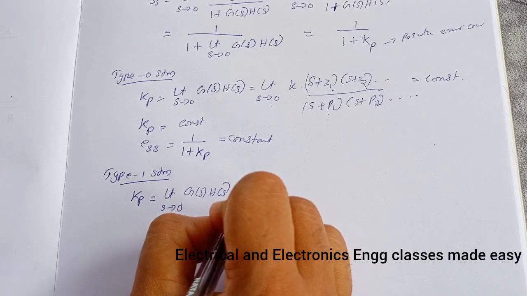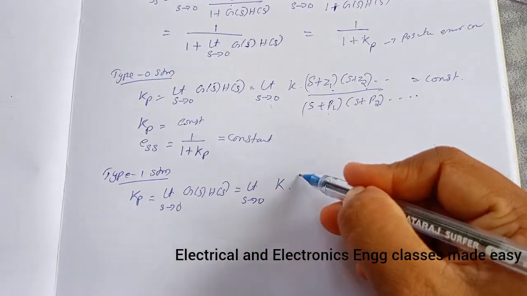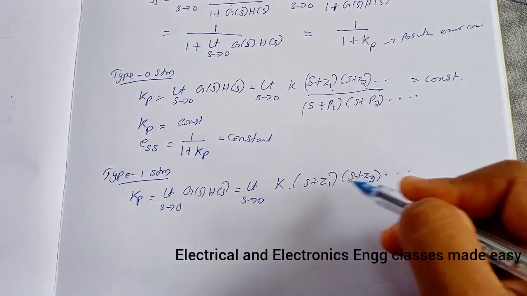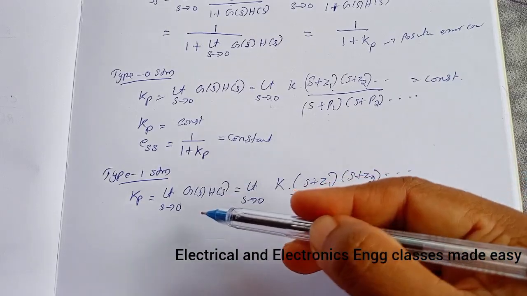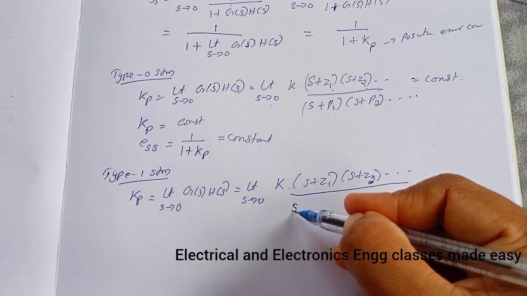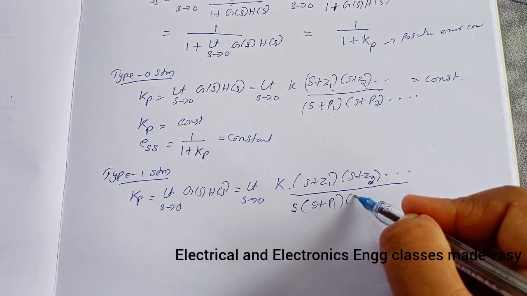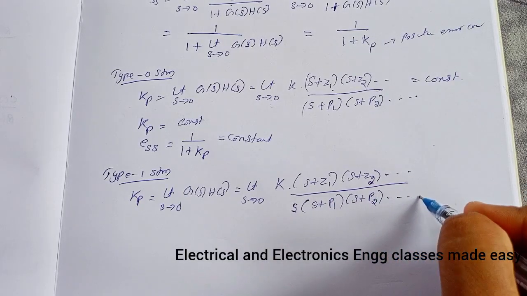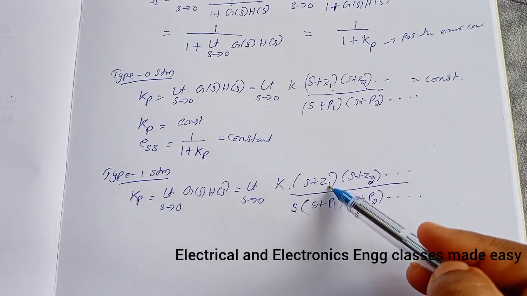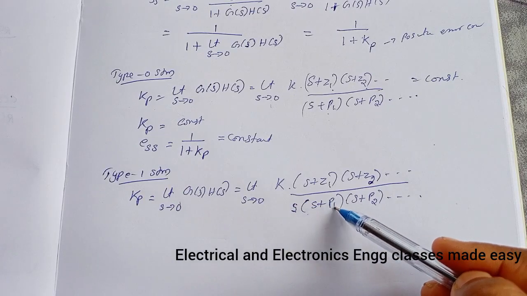Here for a type 1 system, we will have K into (s plus z1) into (s plus z2) etc. divided by, since type 1 means n is 1, there will be s in the denominator, so s into (s plus p1) into (s plus p2) etc. While applying s tends to 0, we get z1 z2 etc. divided by 0 into p1 p2 etc.